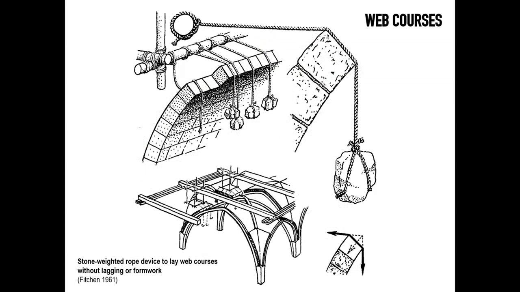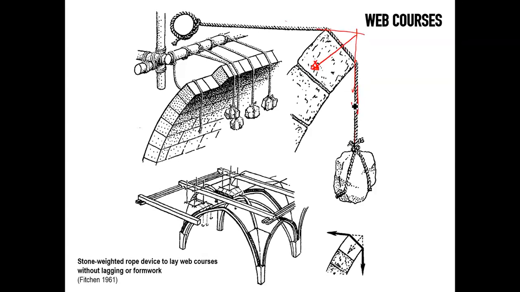It has also been hypothesized that some of these vaults would have been built without any lagging, simply by relying on this very clever device of a stone-weighted rope that, once tied to the scaffolds coming from the roof above, built before, by simply being run past the latest course built, would have naturally induced some load.